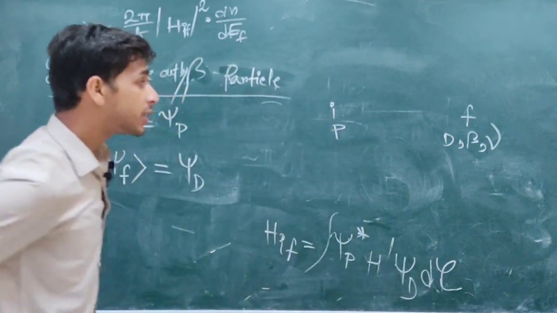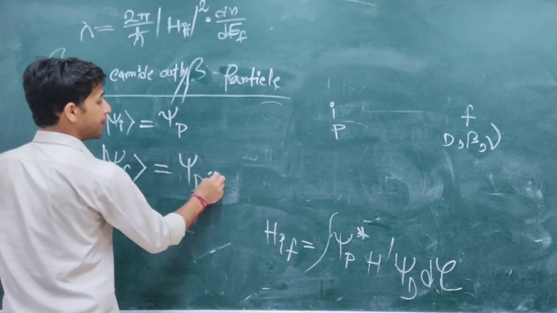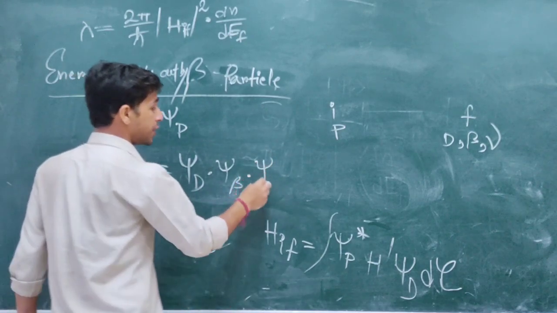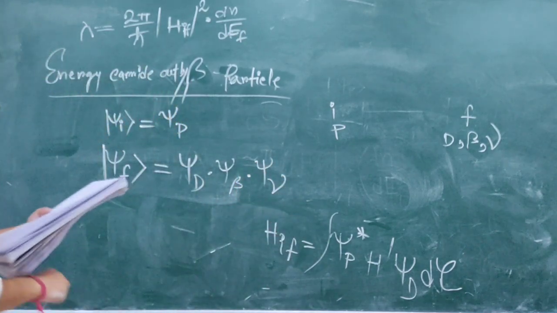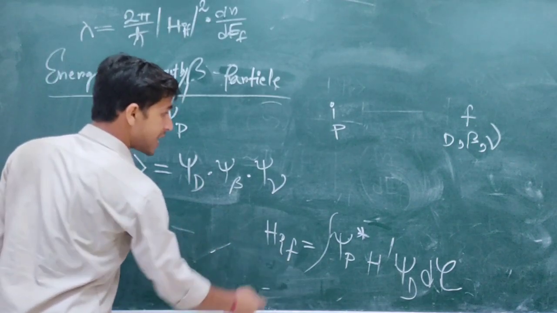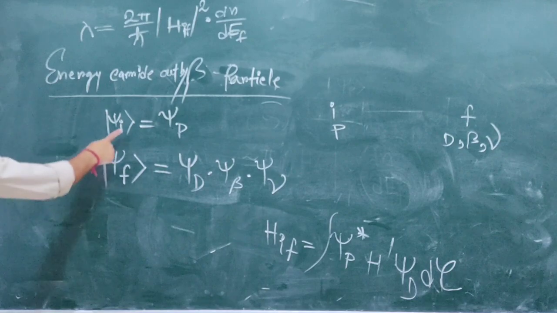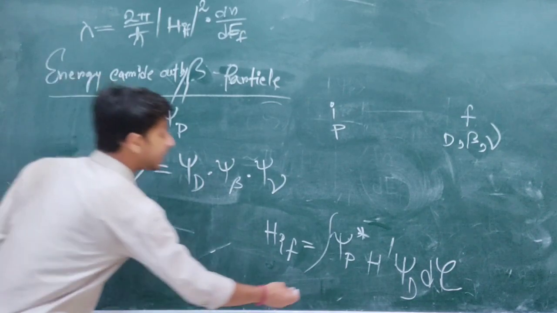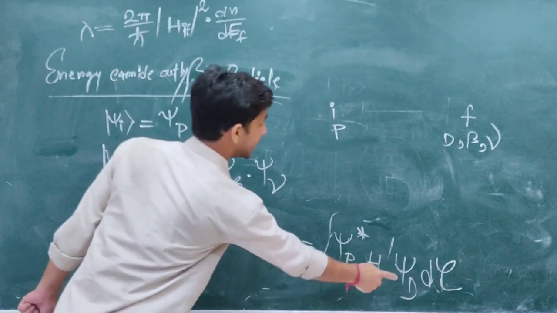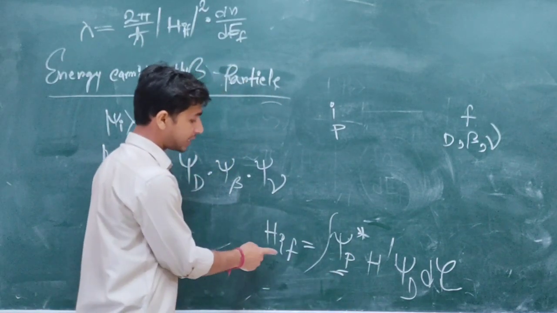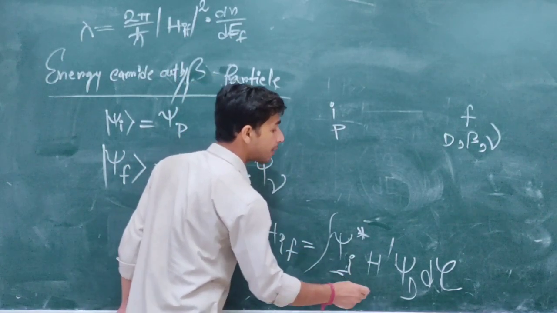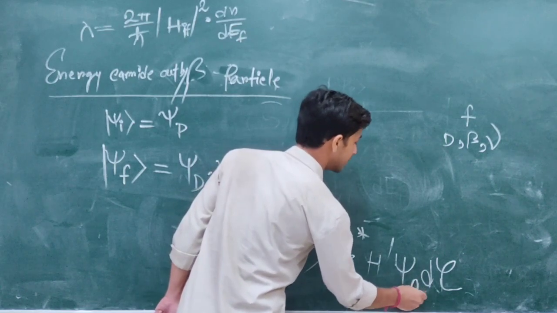So the final wave function will be psi d, psi beta and psi neutrino. Now to calculate this H_IF, we have to put psi I star here and psi f here.